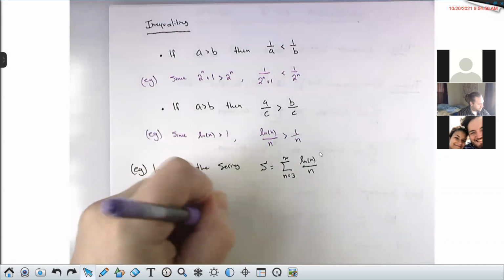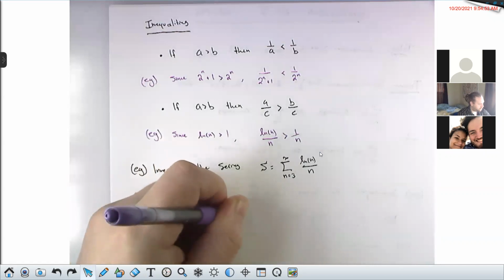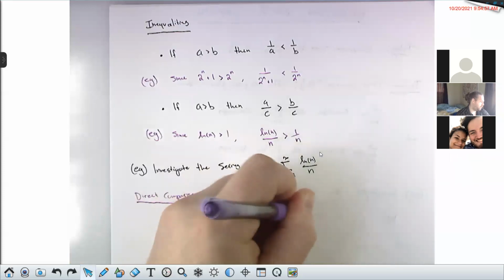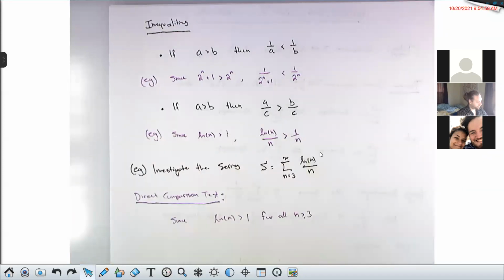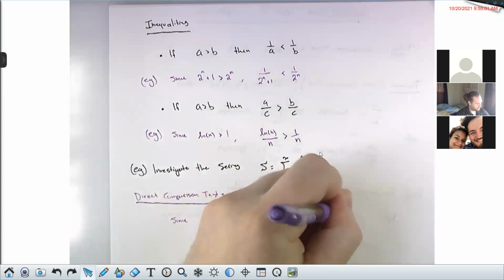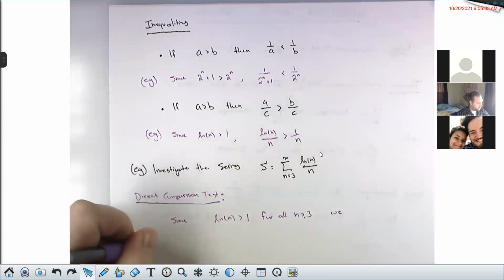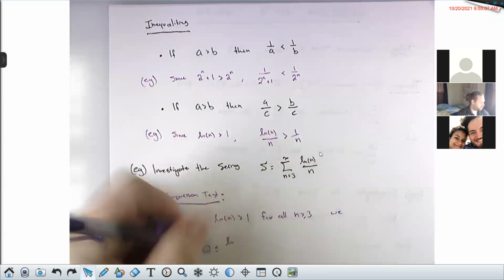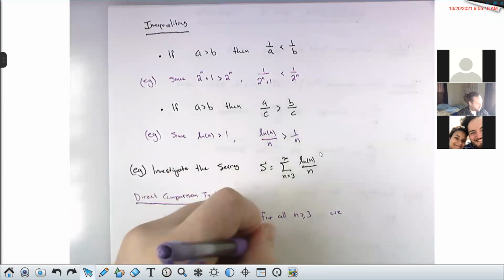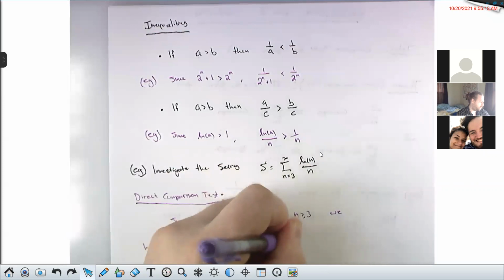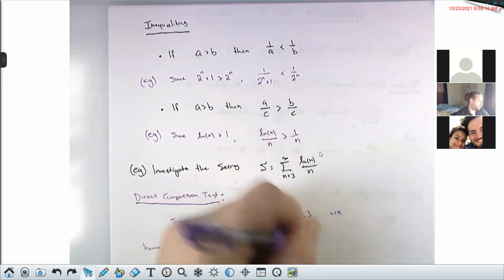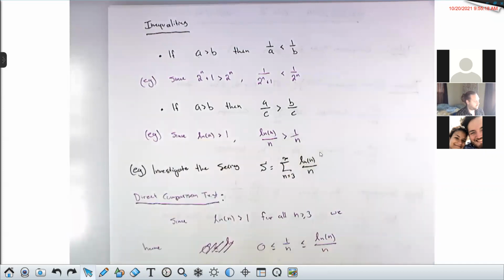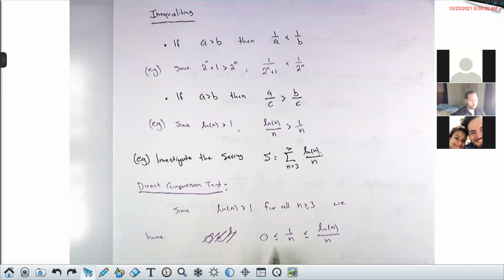since the natural log of n is bigger than 1 for all n greater than or equal to 3, we have 0 is less than or equal to 1 over n is less than or equal to the natural log of n over n. Right, 1 over n is of course positive.